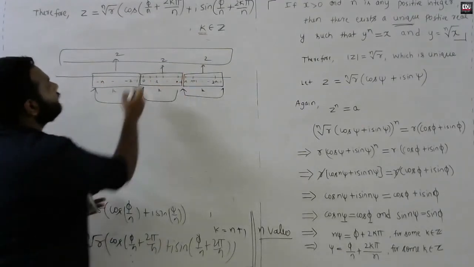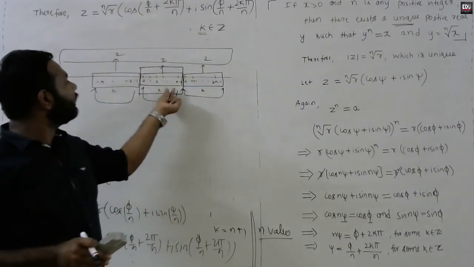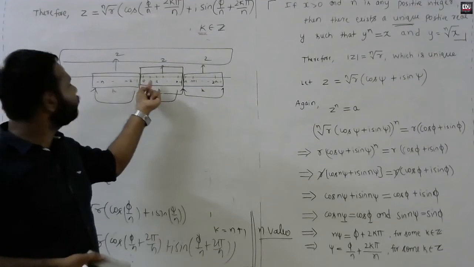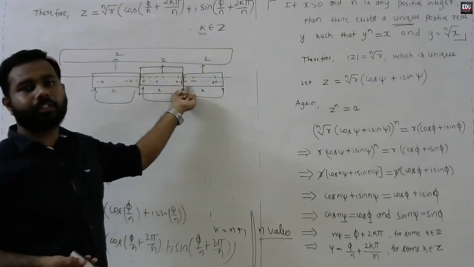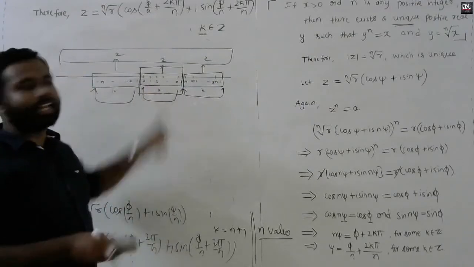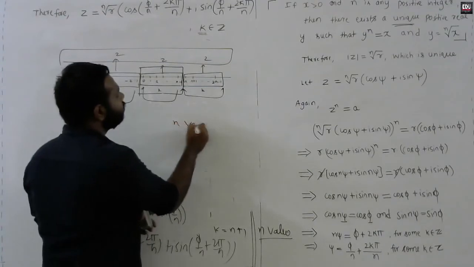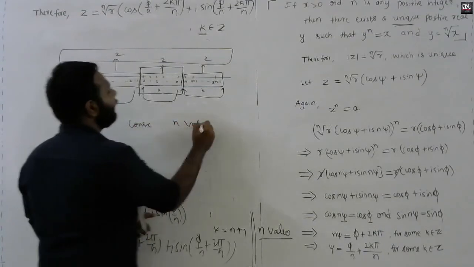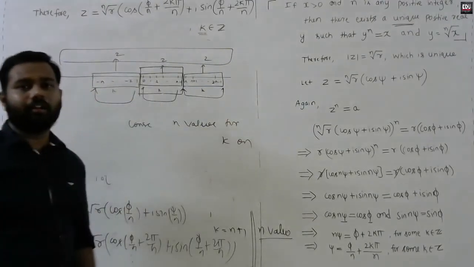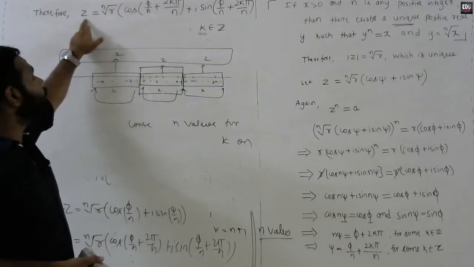It is enough to consider the values of z for any consecutive n values for k. There is no need to start from 0. If you start from 1, you have to end at n, because n plus 1 will again be a repetition of 1. So consider any consecutive n values for k on the integer line, and then you will get the distinct values of z.